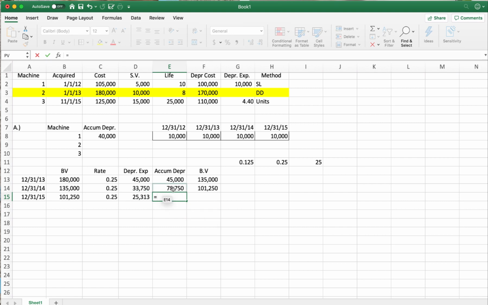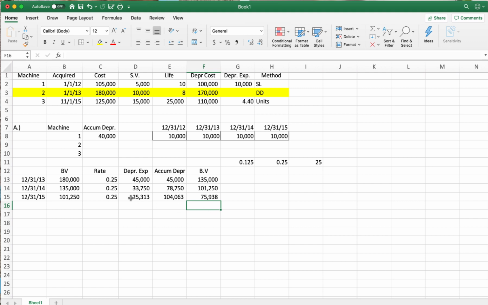Well, it's the $78,750 plus year 3's depreciation. It's $104,063. What's the book value of my machine now? Well, that's easy. It's the $101,250 minus my depreciation expense. I get $75,938. That's the book value.